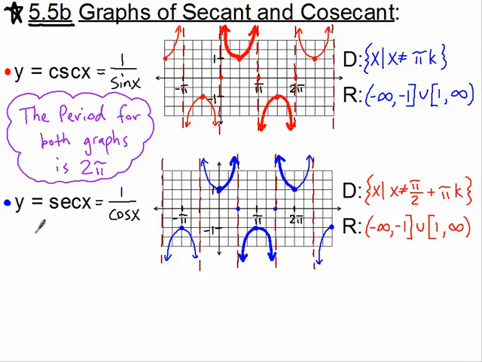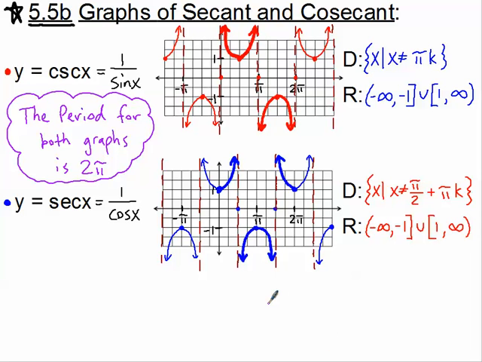So 4 of our 6 graphs have a period of 2 pi: the sine, the cosecant, the cosine, and the secant. The other 2 graphs that we did in the previous tutorial, the tangent and the cotangent, both had a period of pi.